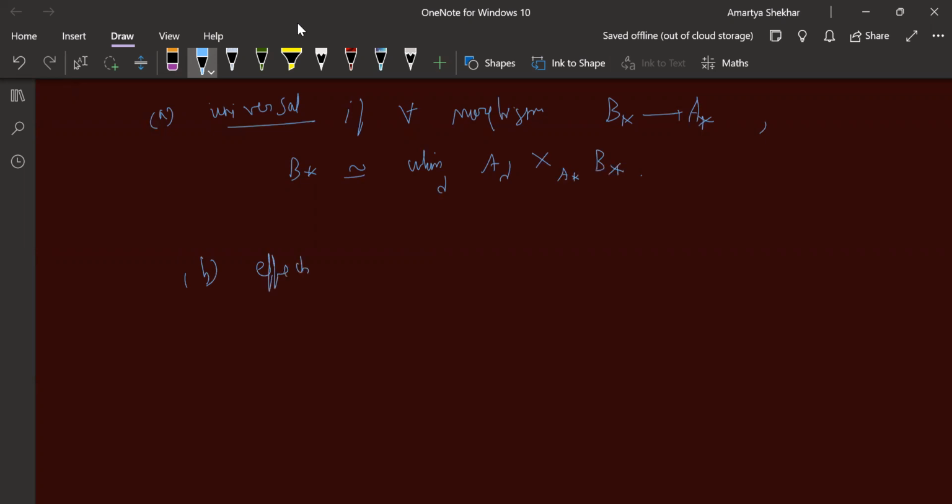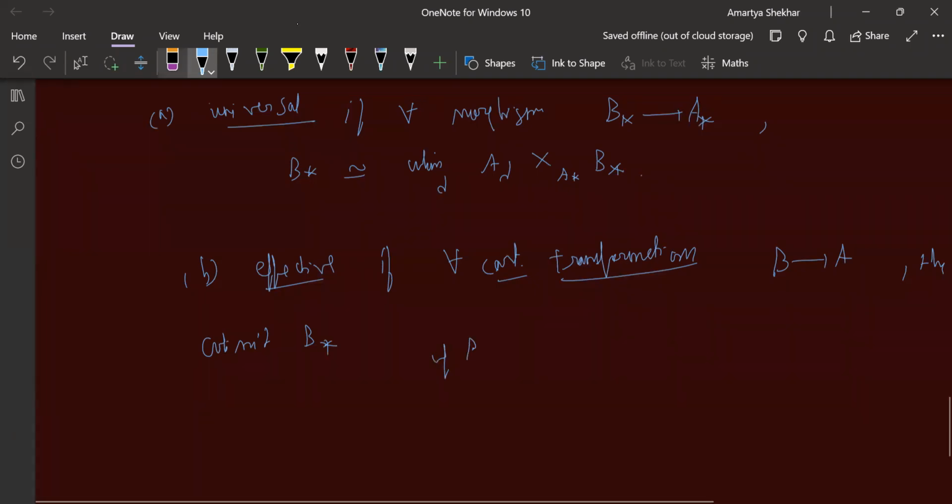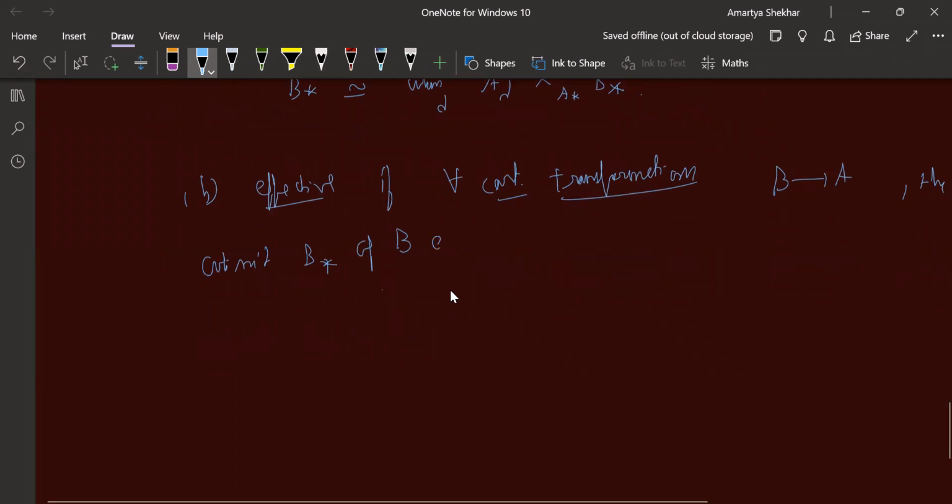And it is effective if for all Cartesian transformations, let me keep it B, the colimit of B exists, and you have the following points.